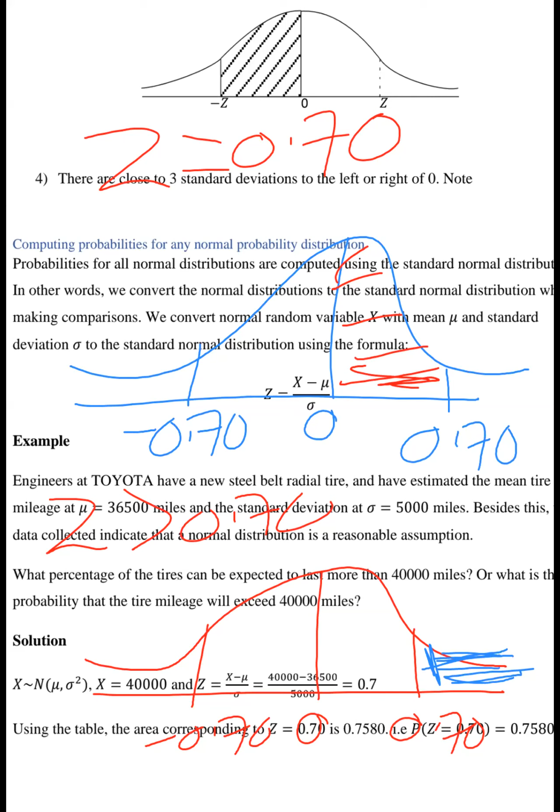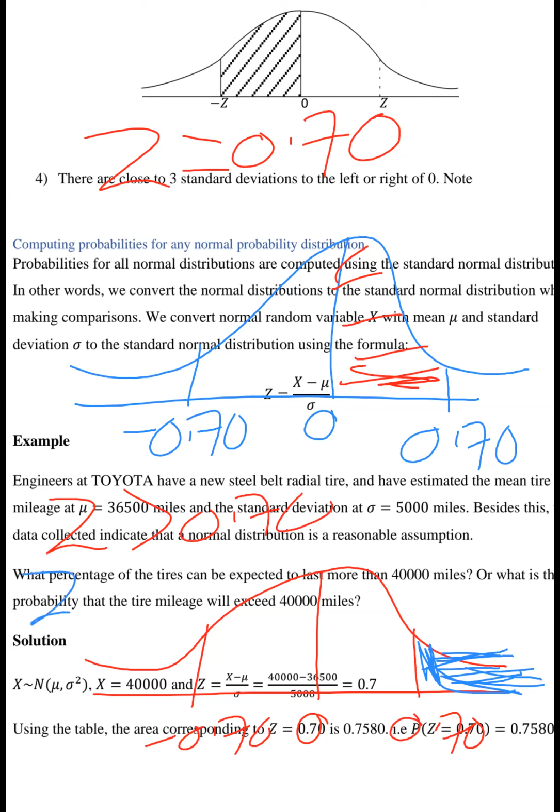So whenever the question is asking what is the probability that the tire mileage will exceed 40,000, it means that we are looking for this area which is greater than the Z value, which is after this Z value, right? But what if you're asking about less than the Z value?